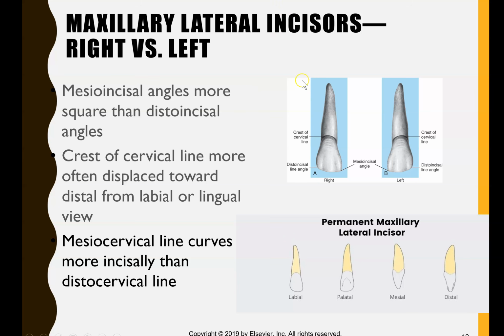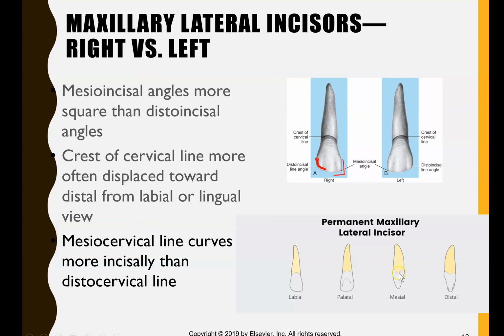Okay, let's look at the lateral. The lateral incisor, when you compare it to the central incisor, is a little smaller. The central incisor is a little bit wider. And same thing here, it does have a mesio-incisal angle and then a rounded disto-incisal line angle.